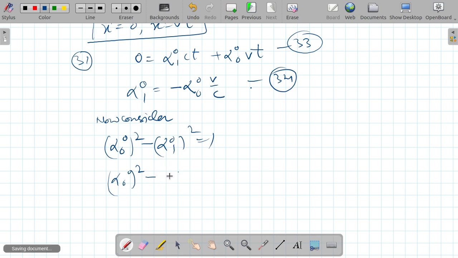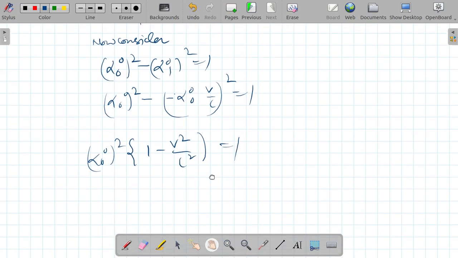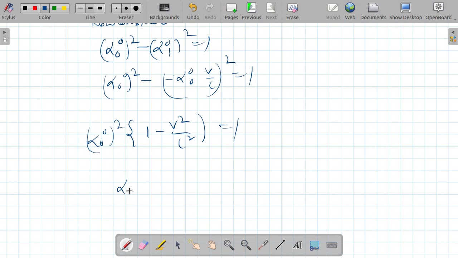So it is minus alpha 0 0 v over c whole square, and it must be equal to 1. So I can take it outside, so it is 1 minus v square over c square, it is equal to 1. So that means from here alpha 0 0 can be written as 1 over 1 minus v square over c square under the root.